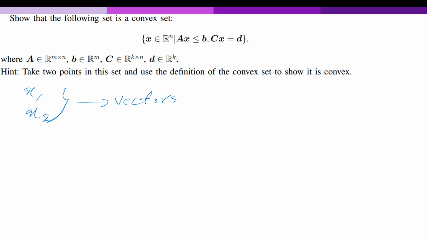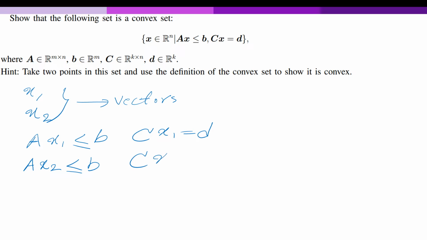So based on the definition, we have Ax1 less than or equal to b and Cx1 equals d. We also have Ax2 less than or equal to b, Cx2 equals d.